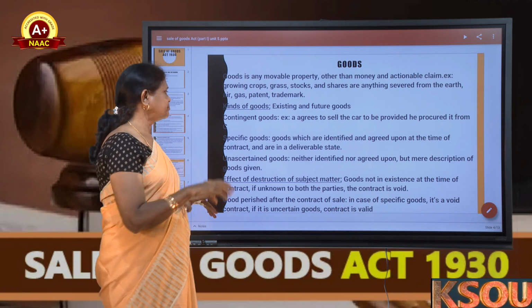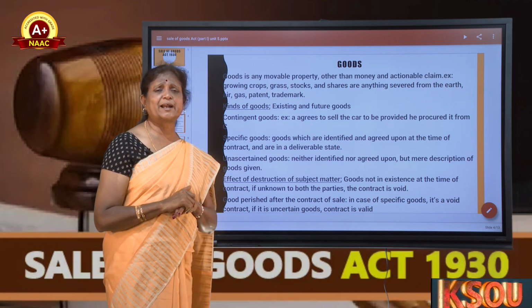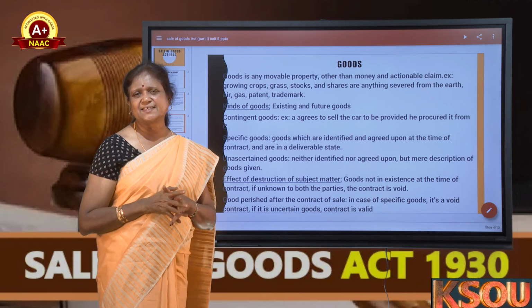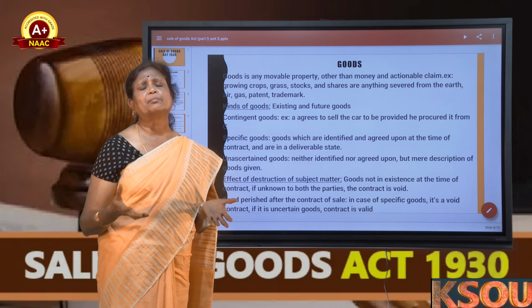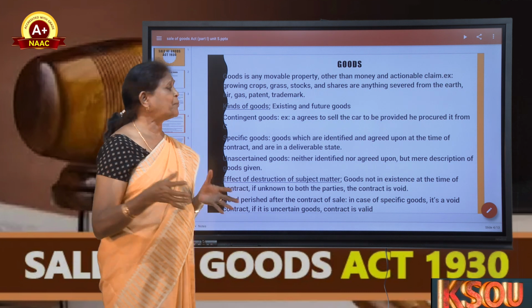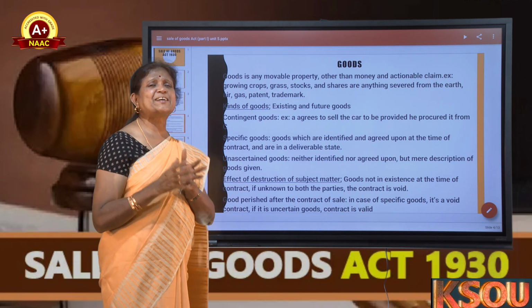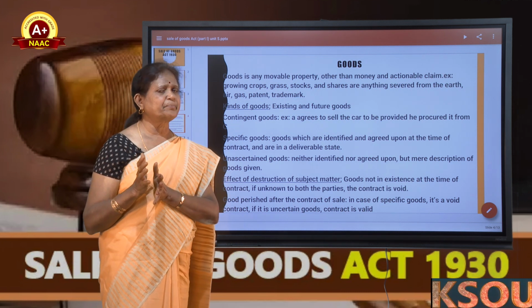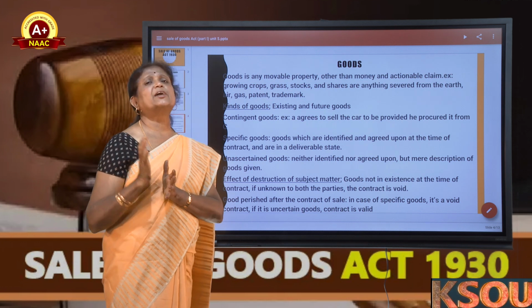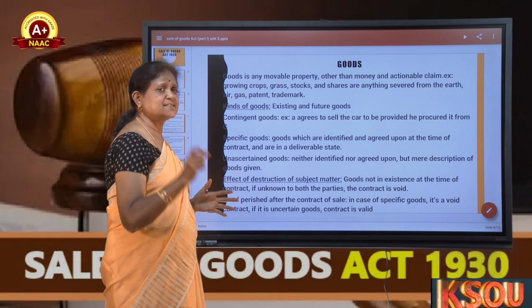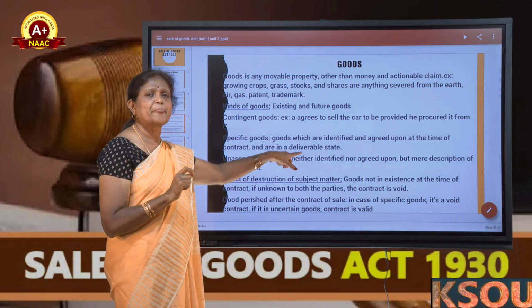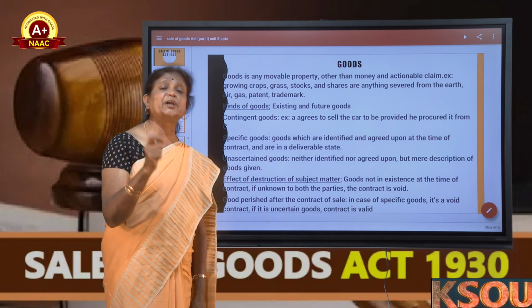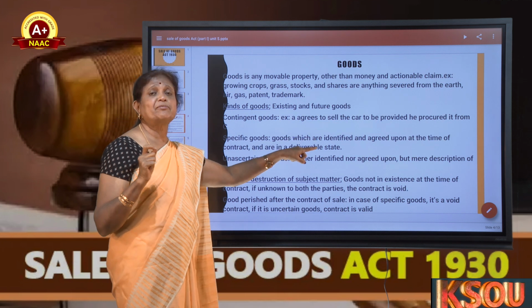Say for example, A is a wholesaler of rice. So in his godown, he kept a lot of rice bags. Suppose the buyer identifies some 10 bags of rice that are to be given to the buyer, in such cases those 10 bags are considered identified and it is agreed to buy those 10 bags of rice.